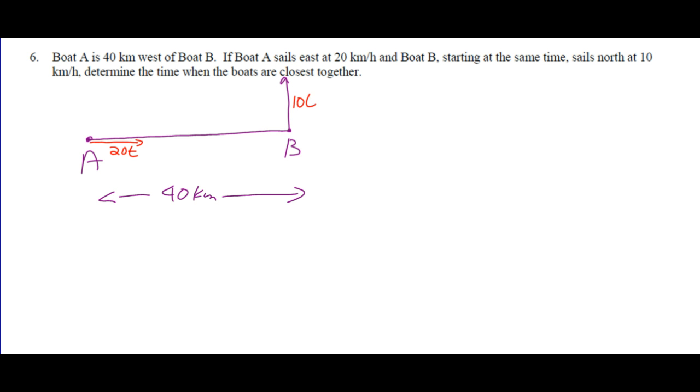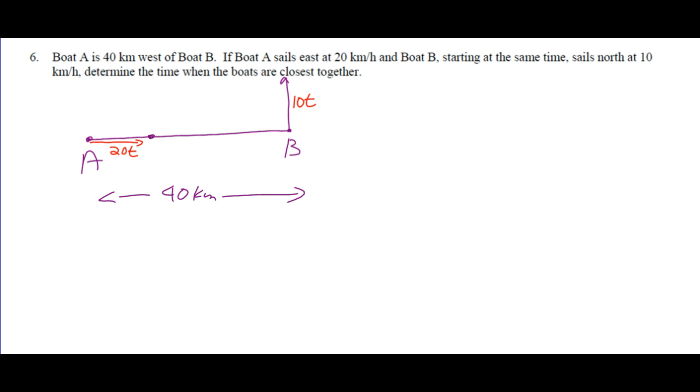Okay, it's picture time. Okay, there's B, there's A, this is 40 kilometers. A is going to move at 20 kilometers per hour, so let's say 20 times t. And B is going to move at 10, let's call this 10t.